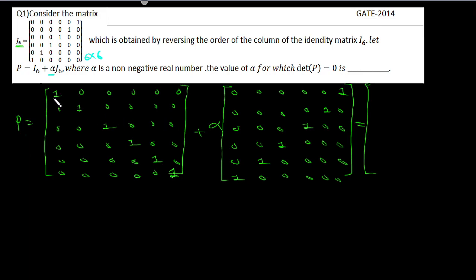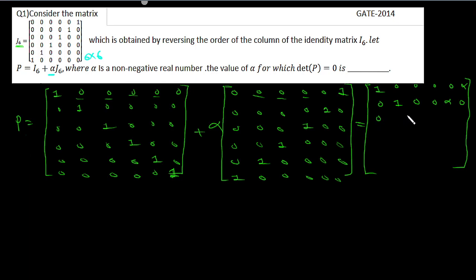In the first row we have 1 from the identity matrix. The remaining entries remain 0, and in the last entry we get alpha from the second matrix. In the same manner, in the second row the first element is 0, the second is 1, then 0s, and alpha in the fifth place.